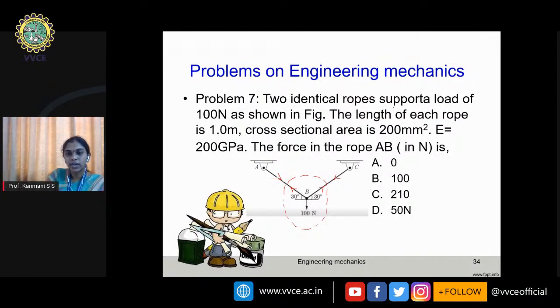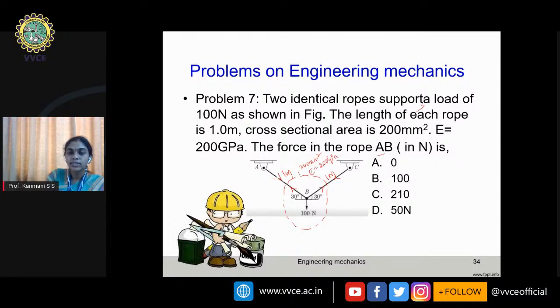Two identical ropes support a load of 100 Newton as shown in the figure. The length of each rope is 1 meter. So each rope length is given as 1 meter. Cross-sectional area is 200 mm square for both, and E is equal to 200 GPa.